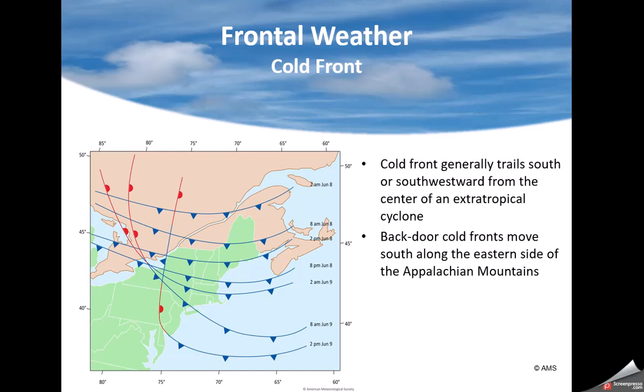Fronts can move in all different directions. This is a backdoor cold front that typically develops on the East Coast sometimes. What happens is you get a high pressure system that's developed over the Maritimes of Canada, pushing cold air down the mountains. Winds are blowing right into the mountain range.